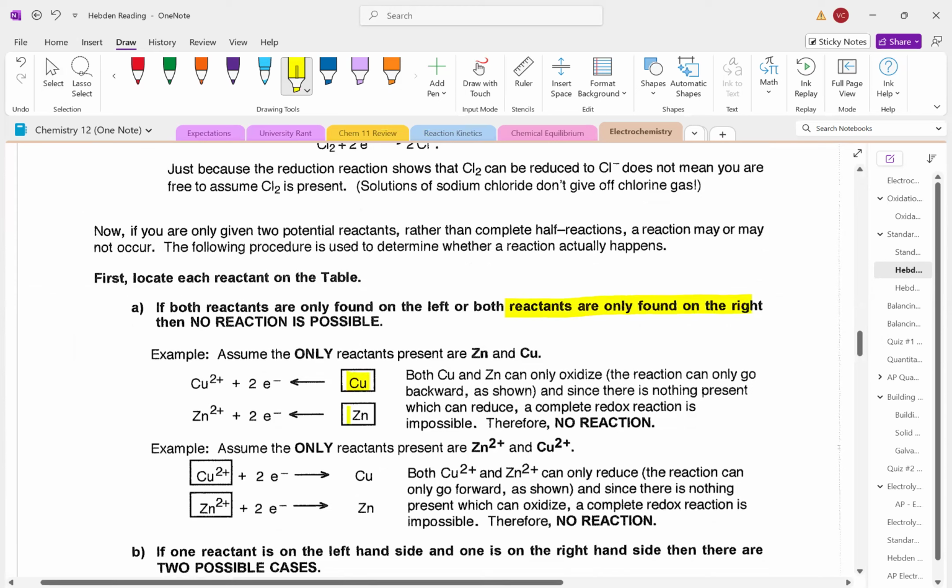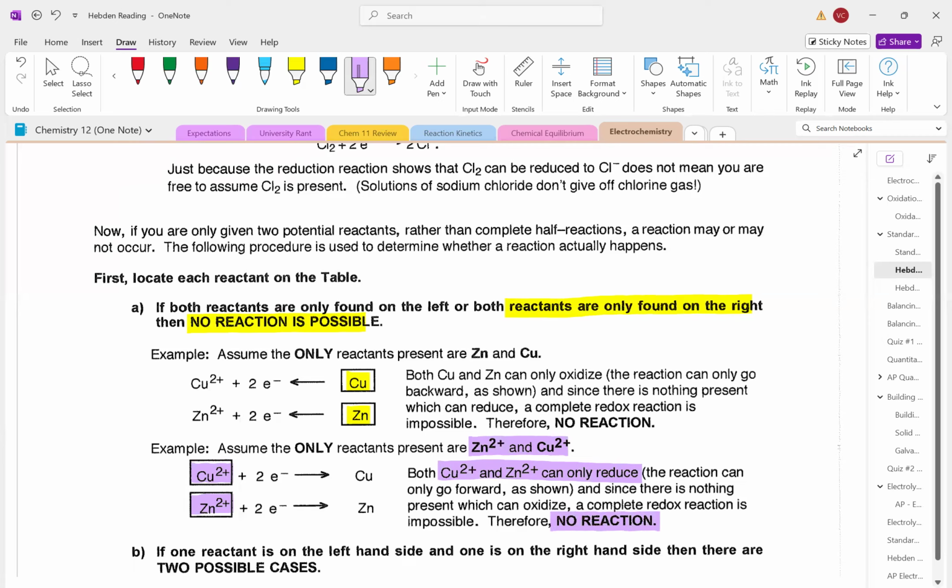Notice it says that there's no reaction. Why? Because both undergo oxidation. What if both are ions, like zinc 2 plus and copper 2 plus on your standard reduction potential table? They're both found on the left, so they can both only reduce, so there is no reaction.